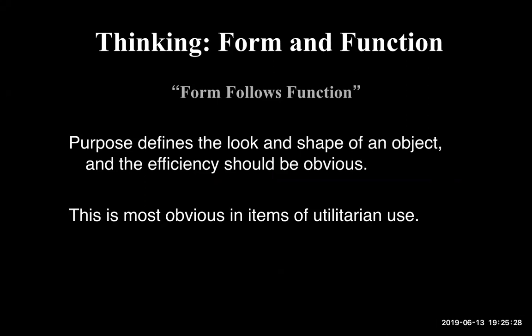When you're thinking about design, you also want to think about form and function. Purpose designs the look and shape of an object, and the efficiency should be obvious. This is most obvious in terms of utilitarian use. If we're designing a new plastic fork, the purpose of that fork is to stab food, pick it up, and convey it to a mouth.